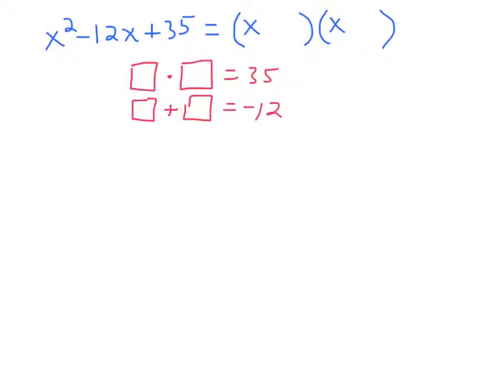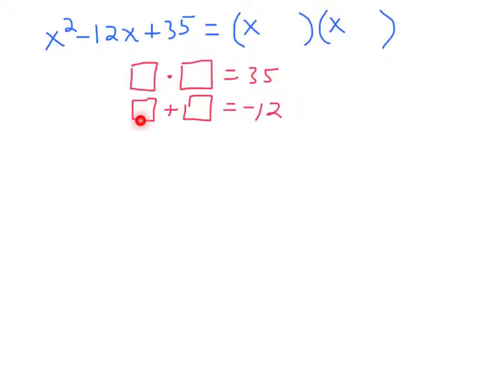So if you think about this, what's the only way that two numbers can multiply out to a positive number and add up to a negative answer? Now, the only way two numbers can multiply together to equal a positive answer is if either they're both positive or they're both negative.